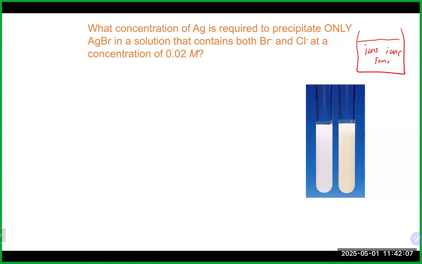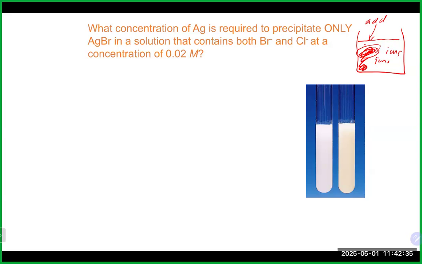To do that, it's a very common procedure to add some type of reagent that will precipitate out one of the ions while leaving the other one still floating around in the solution. This is sometimes referred to as selective precipitation, where you precipitate out one ion or a certain number of ions, but leave the other one still floating around in the solution.